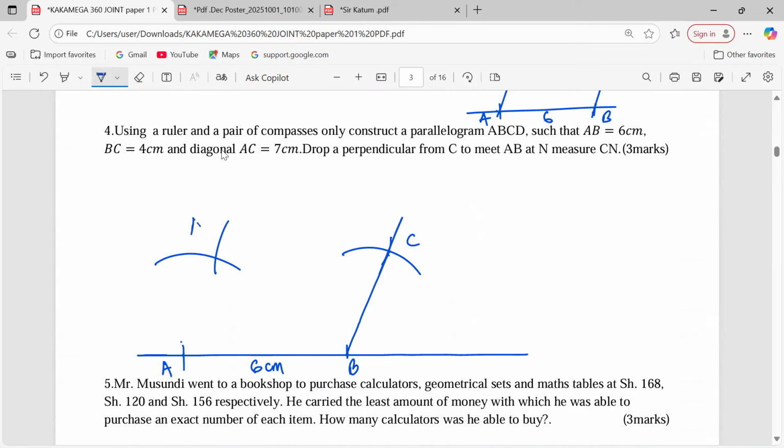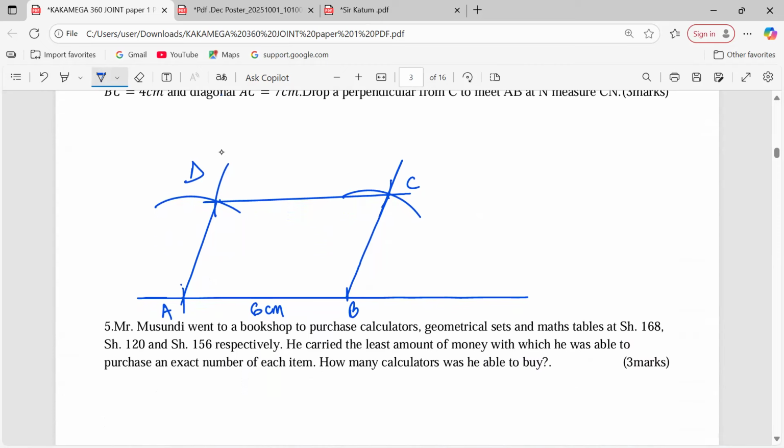Now that becomes our point D, because you were supposed to know that from A to D should be the same as B to C. And also from A to B and D to C should be the same because of the properties of parallelograms, which lead us to conclude that those lengths are parallel and equal.